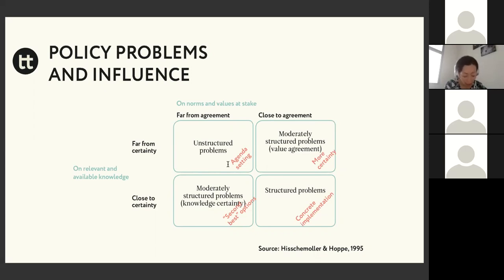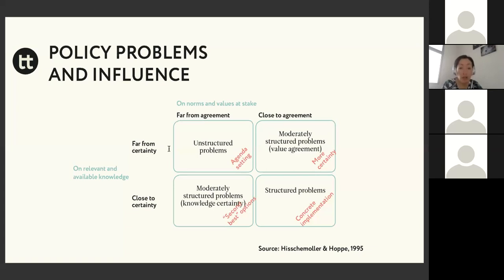So it's two different dimensions. In the norms and values, we'll try to think always around the political part of it. And then the disagreement or the lack of certainty on how we understand the knowledge, we'll put those concerns around here, because they are somewhat different. That's why when we don't have agreement on values, we have two types of problems.